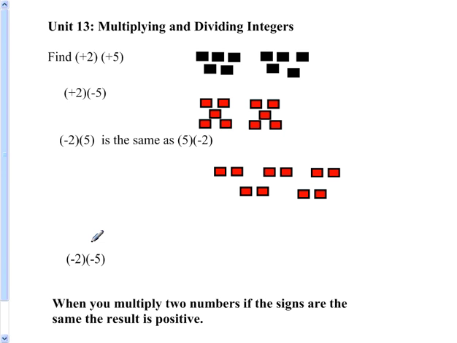So if I was to look at positive 2 times positive 5, one way of thinking about that is that's two groups of positive 5. And two groups of positive 5 would be positive 10.